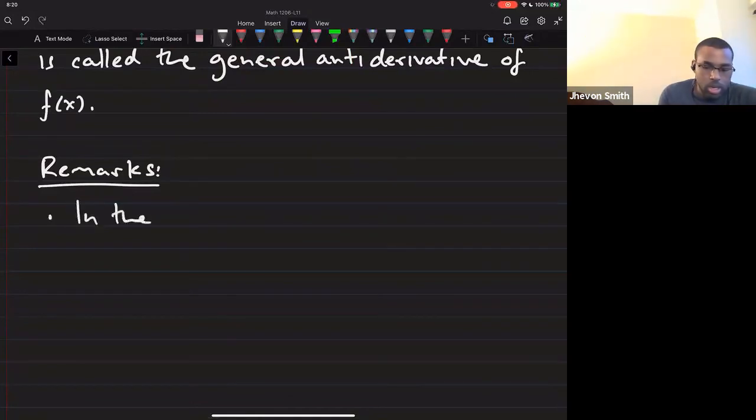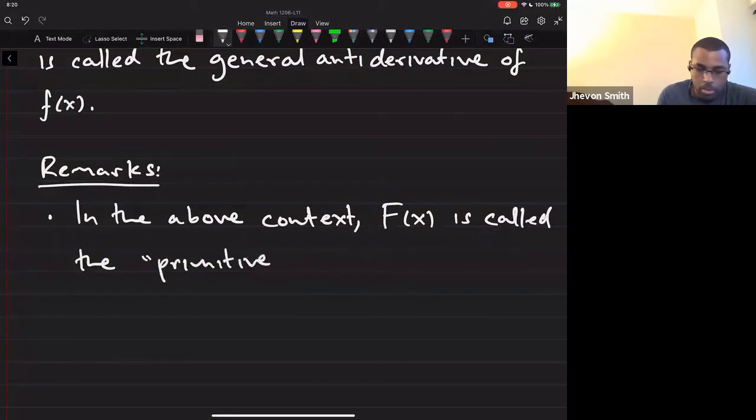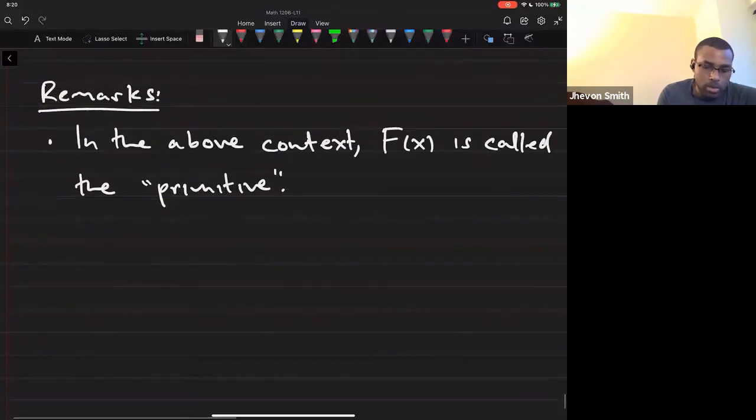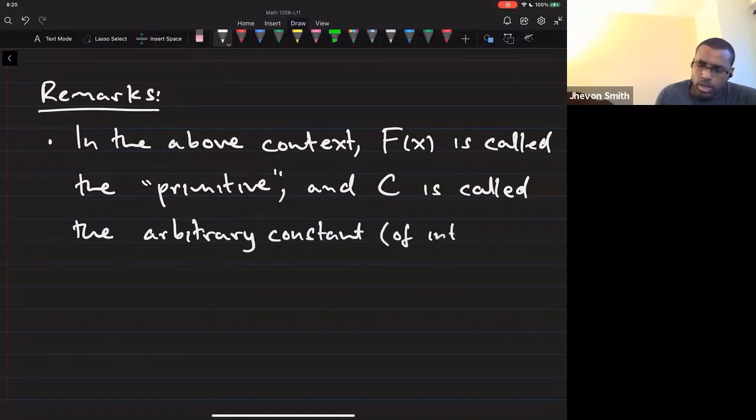In the above context, big F of x is called the primitive, and c is called the arbitrary constant of integration.